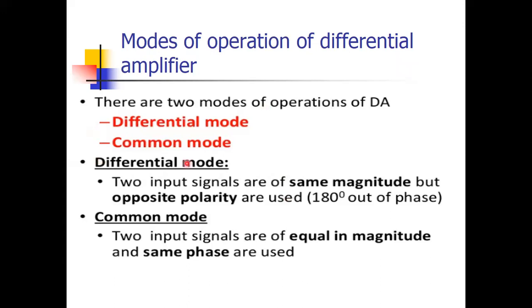So in differential mode, the two input signals are of the same magnitude but the phase is different. If one is V1, then the other one is minus V1. In common mode, the two input signals are equal in magnitude and in the same phase. Common means same, differential means different.